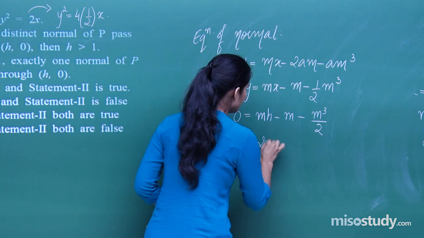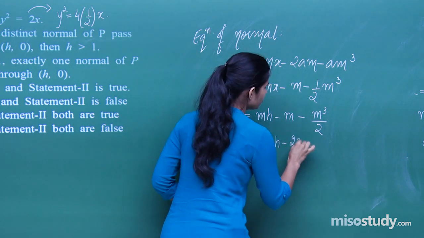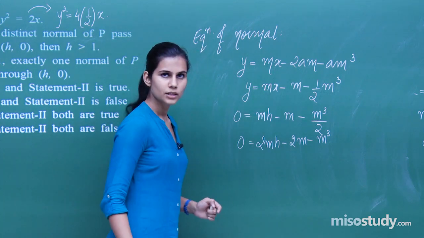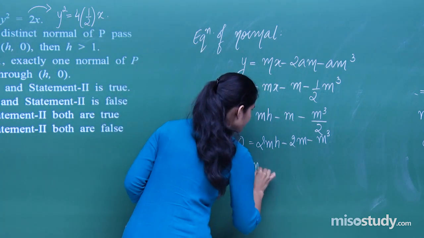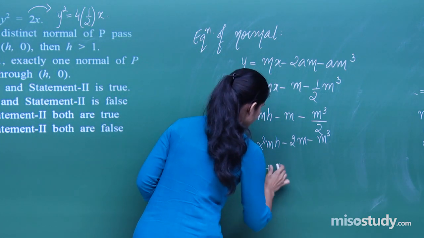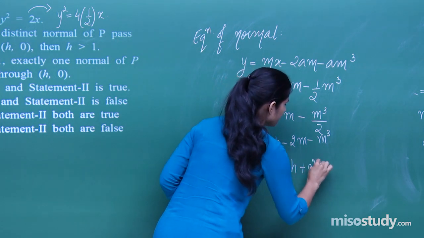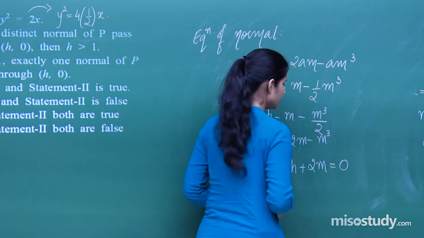This gives you 2mh minus 2m minus m cube equals 0. Or rather you can say m cube minus 2mh plus 2m equals 0.